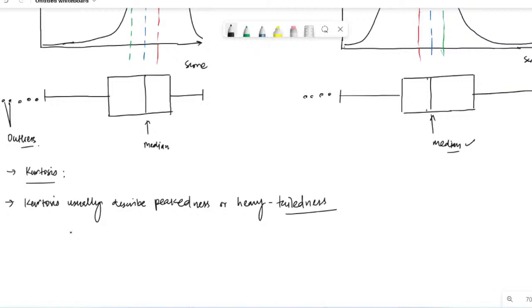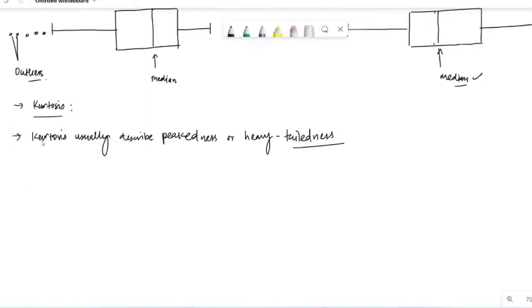So we measure here how your data is distributed: is the distribution towards the peak or towards the tail? These are the two points which can be explained through kurtosis. So there are three types of kurtosis.